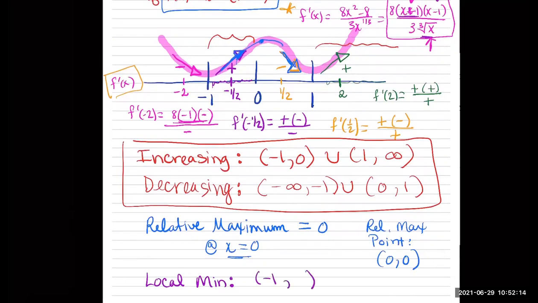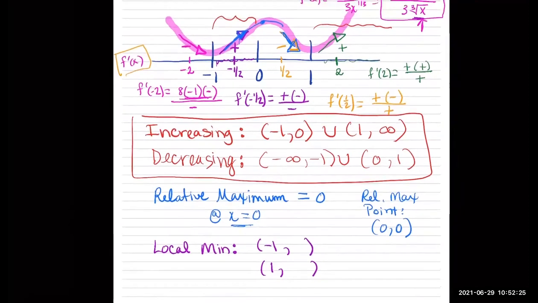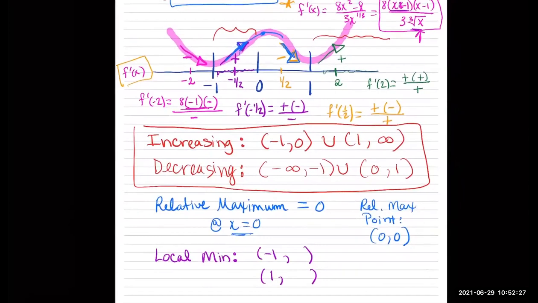So notice I'm writing them as points this time. I know I have 2 of them. They occur at x equals -1 and x equals 1. And I can tell that by looking at my sign chart, but notice we're using the first derivative test when we do that. The first derivative test says if the derivative is negative and then goes to positive, that is a local min.